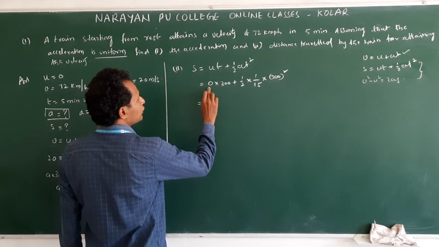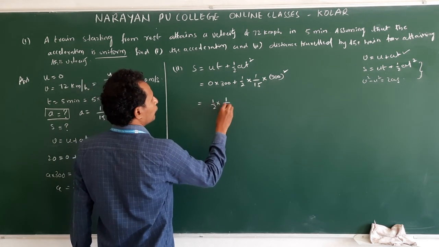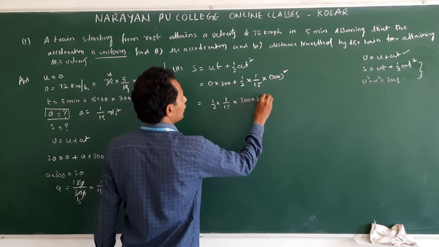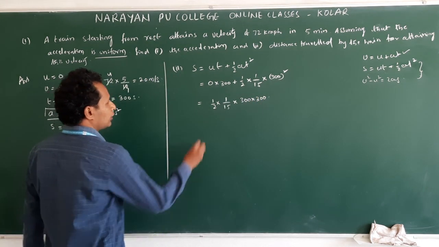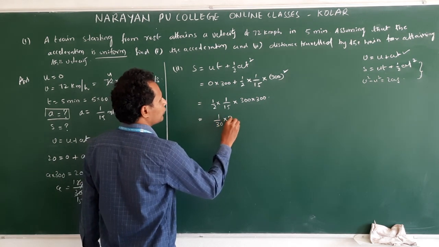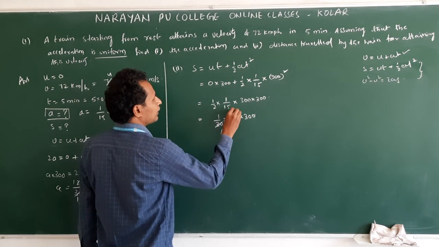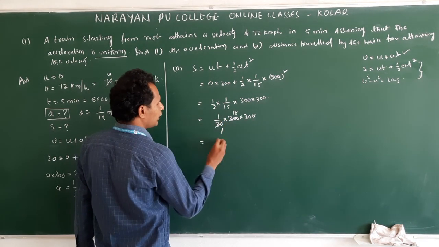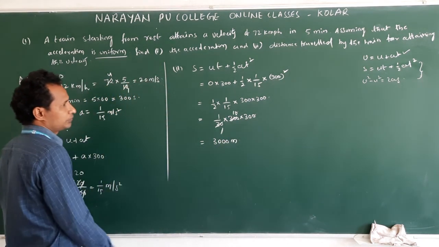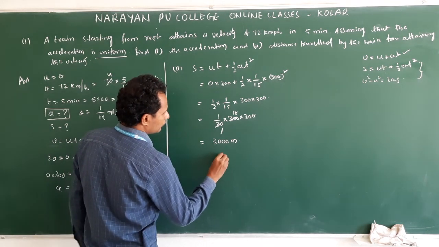So this we can write 0, plus half into 1 by 15 into 300 into 300. Clear? 2 into 15, 30. 30 into 300 into 300. 30 ones 30, 30 tens 300. 10 into 300, 3000 meters.